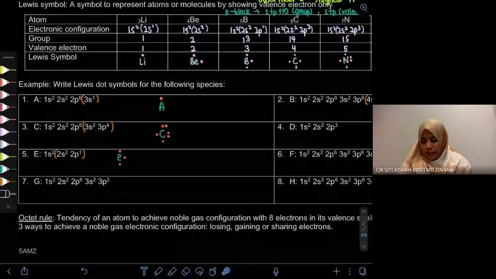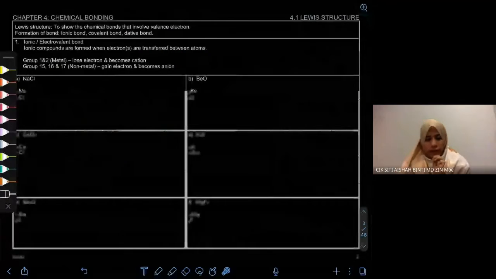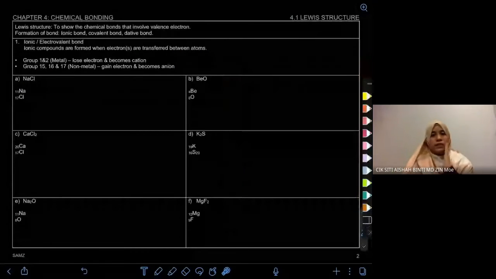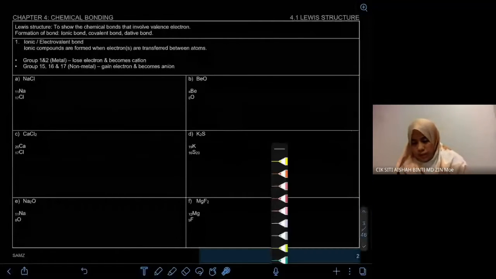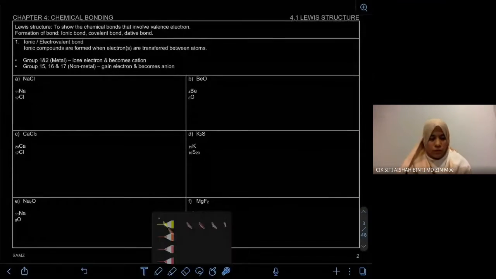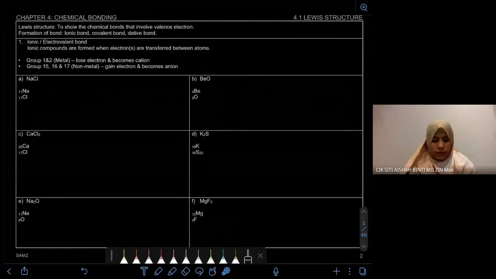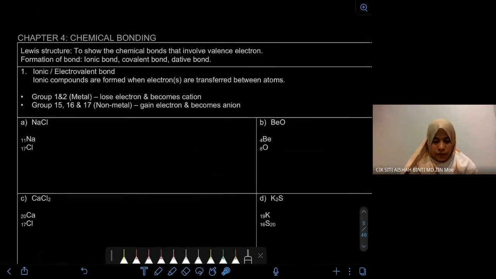So sekarang ni barulah kita belajar balik our ionic bond. Okay, so kita kata the atom itself want to achieve noble gas configuration. Okay, and then dekat sini, bila dia ada gain ke, sharing ke, losing ke, dia akan form bond. These 3 bond.